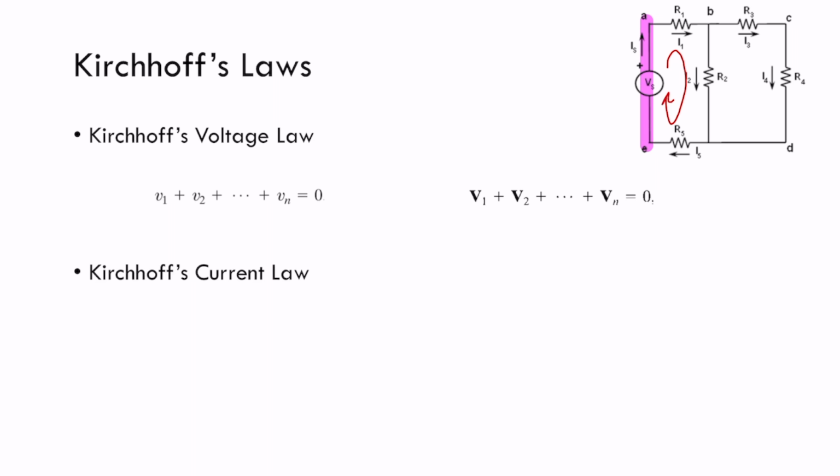I have a voltage drop in this generator, which means we are increasing the voltage, and there is a voltage drop in this resistance, then in this other resistance, and then in another resistance. The sum of all these voltage drops, some positive and some negative, depending on whether it is a passive element or a generator, will always be zero.